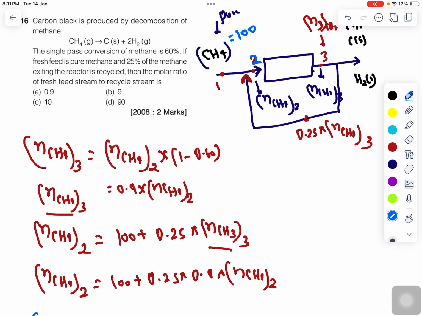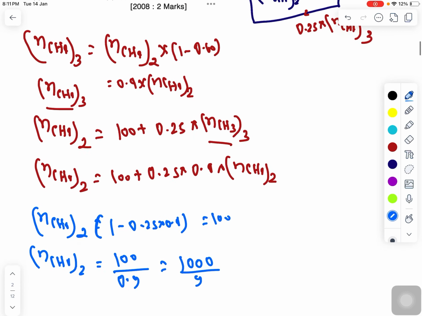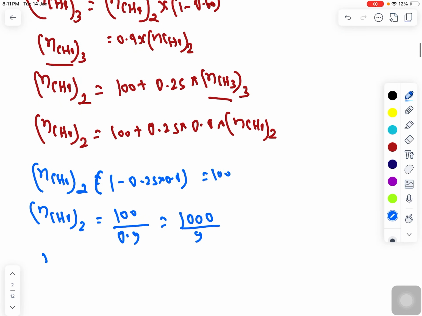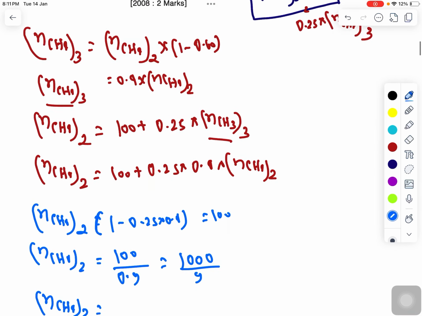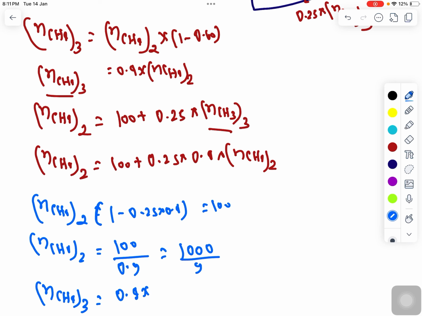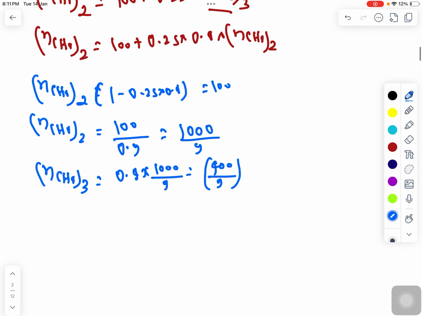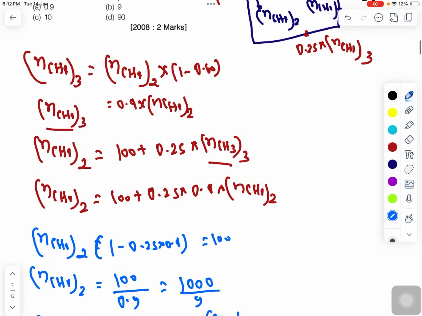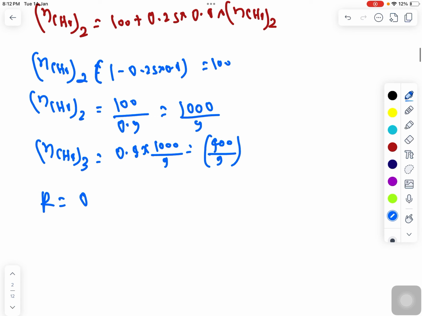So now you know the number of moles of CH4 at point 2. Based on this you can get the number of moles of CH4 at point 3, which equals 0.4 multiplied with 1000 divided by 9, that is 400 divided by 9. Now what is the recycle stream? The recycle stream is 0.25 multiplied with 400 divided by 9, so you can write 25 by 100 multiplied with 400 divided by 9.